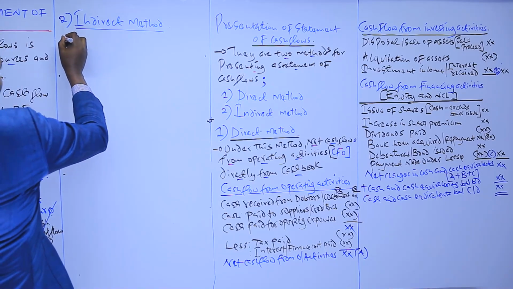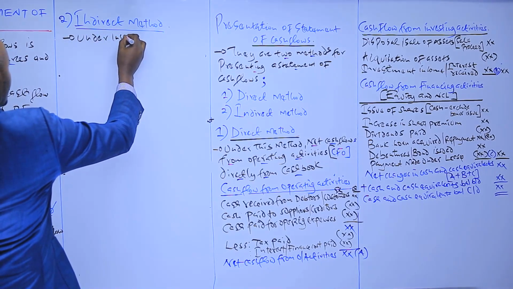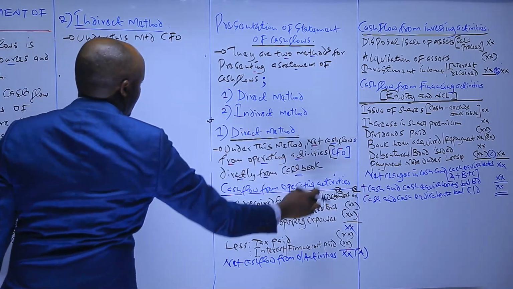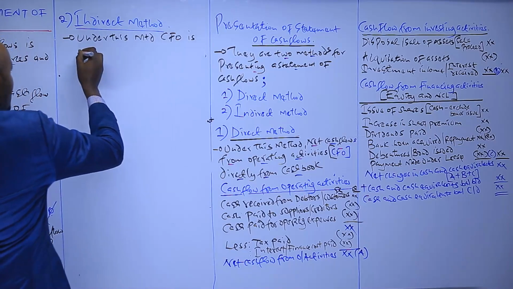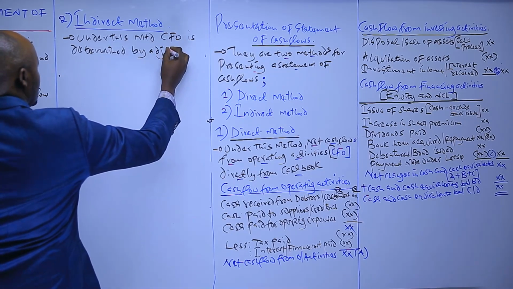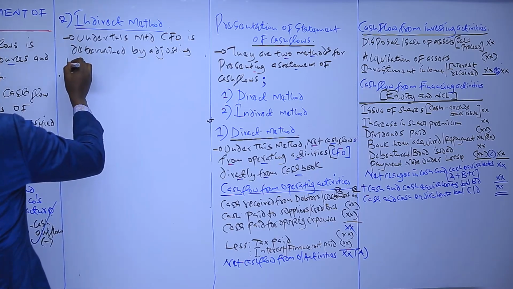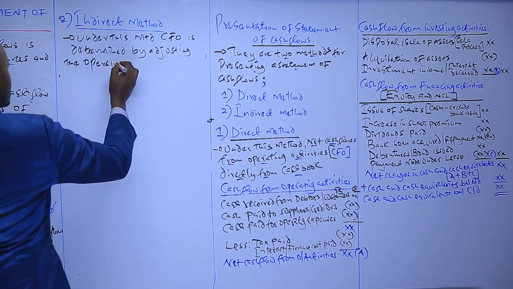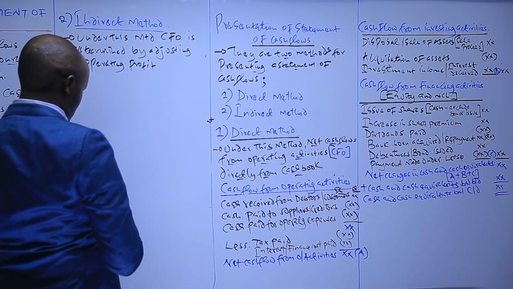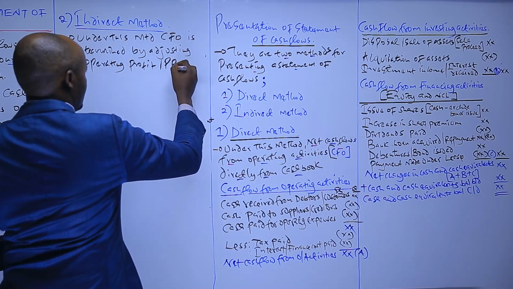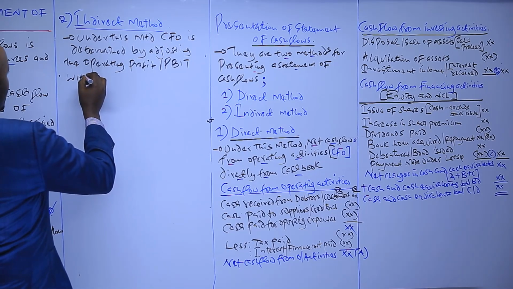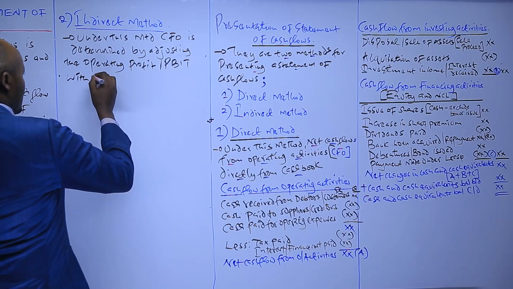So we can say here that under this method, the CFO, you have to remember that CFO is the net cash flow from operating activities, is determined by adjusting the operating profit, in other terms, we refer to this as profit before interest and tax, PBIT, with three categories of items.